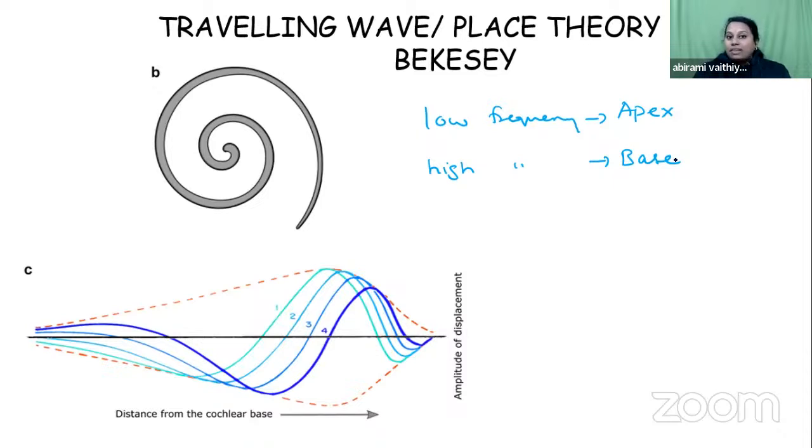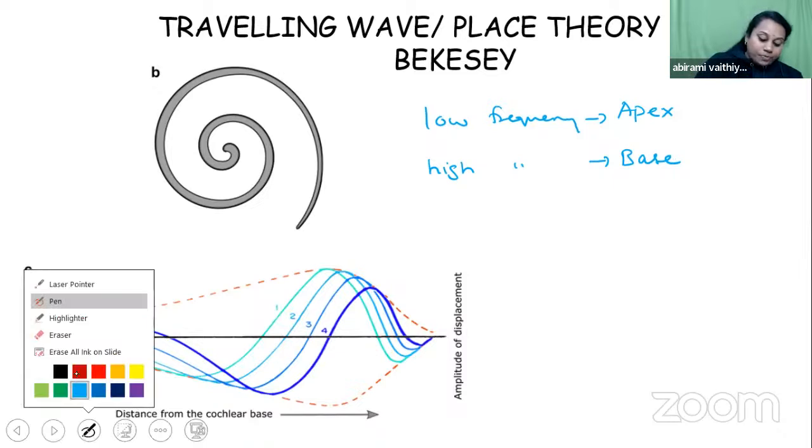So the waves are traveling as low frequency waves and high frequency waves. That's why it is called traveling wave theory. There is a different place for low frequency, the apex. There's a different place for high frequency, the base. That's why it is called the place theory, proposed by von Becquerel. So it becomes von Becquerel's theory. A very important theory for how the basilar membrane is analyzing these frequencies.